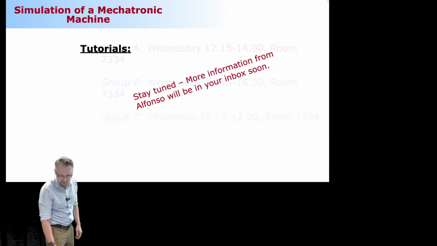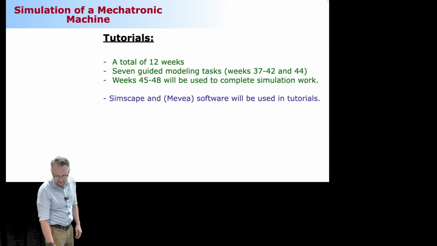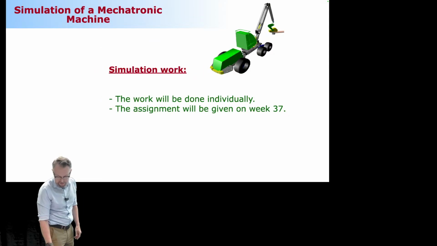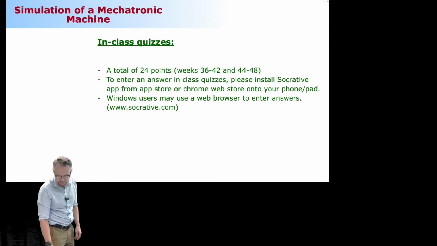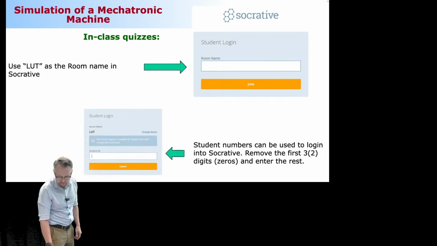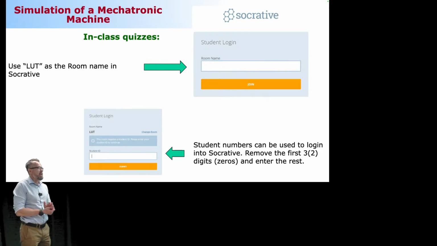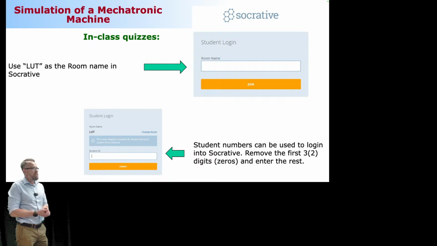So we are almost done with the ground rules. Simulation assignment, in-class quizzes. Yeah, in-class quizzes, this is something that momentarily we're going to get started with. The first in-class quiz will come really soon. So I hope you will listen to me. Can you feel the pressure already? Because it's affecting your final grading.